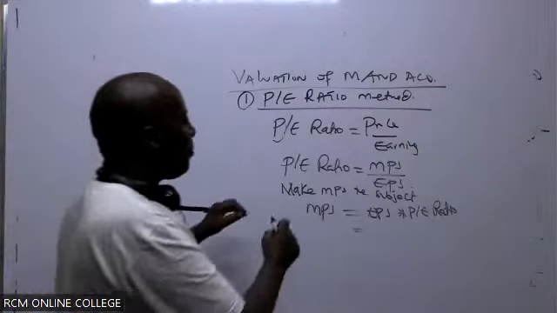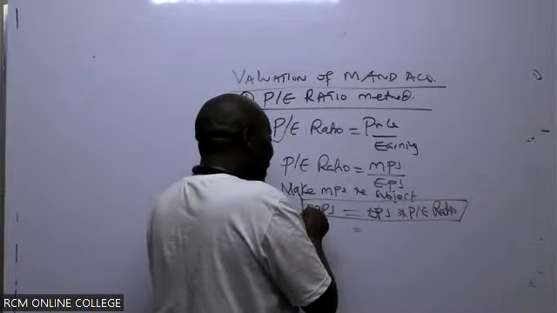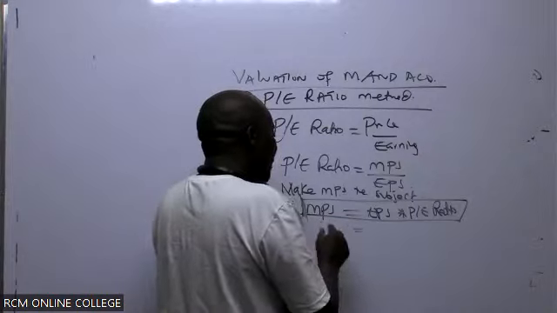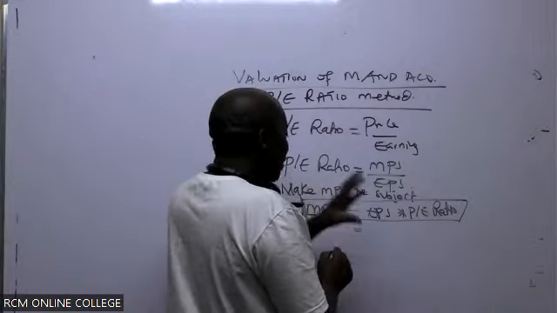So this is so important to us. Please highlight this in yellow. We don't want just MPS, which is the market value per one share. We want the market value of the whole farm.